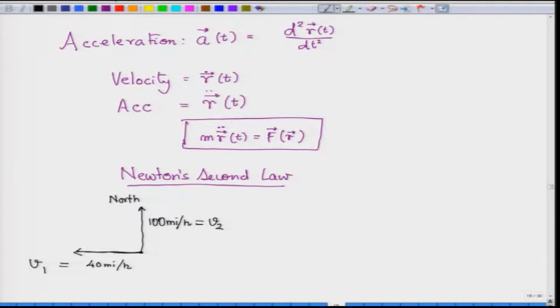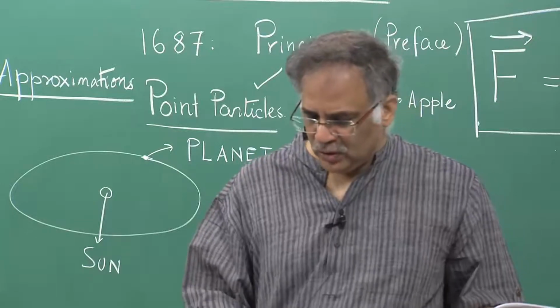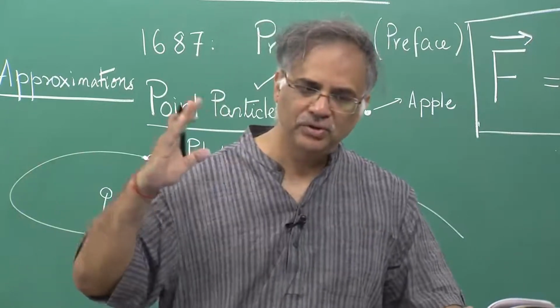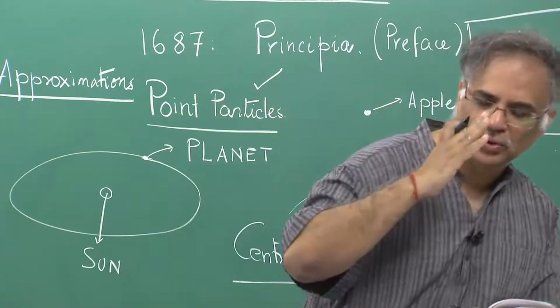So, in which direction, from the ground, do I see the plane moving? The plane actually starts moving northward, but from the ground, in which direction do I see it moving? Here the plane is moving straight upwards, and here is the velocity which tends to push the plane towards the west.